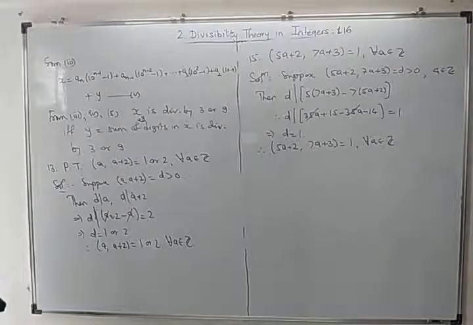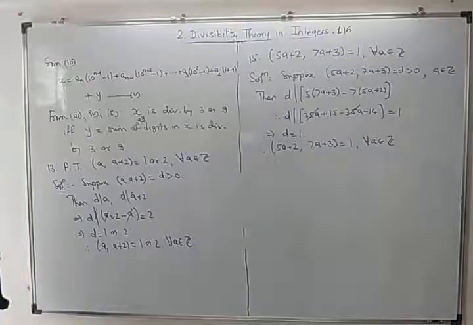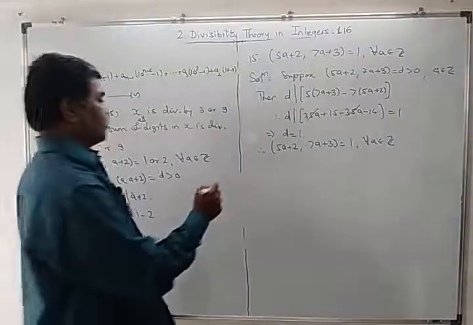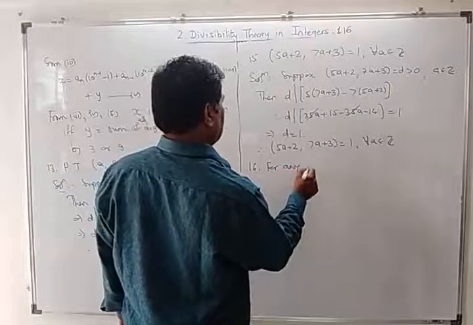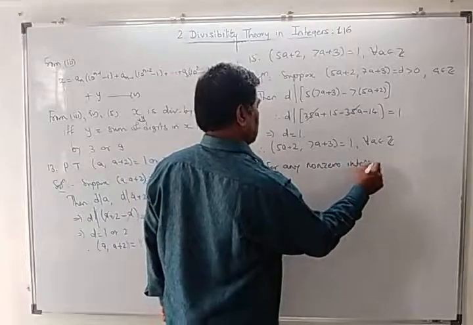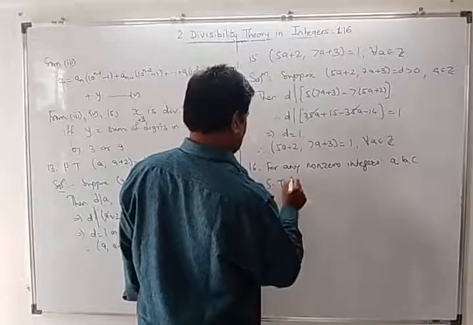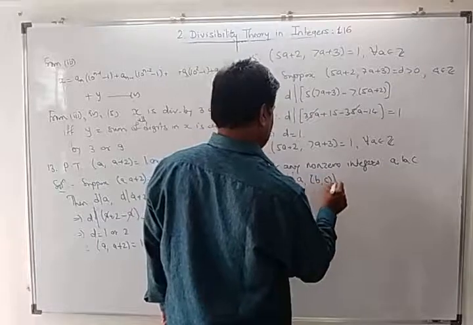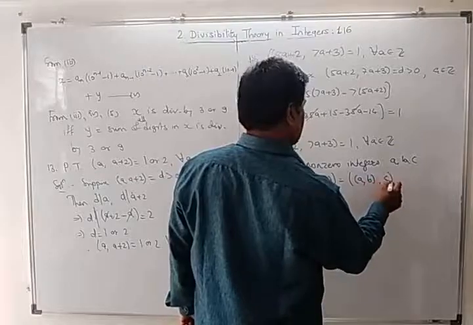Next example: show that for any non-zero integers a, b, c, the GCD of a with GCD of b and c is equal to the GCD of GCD of a and b with c.